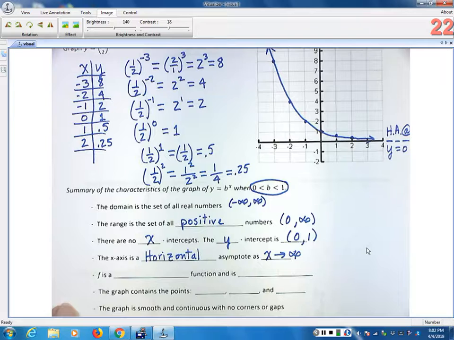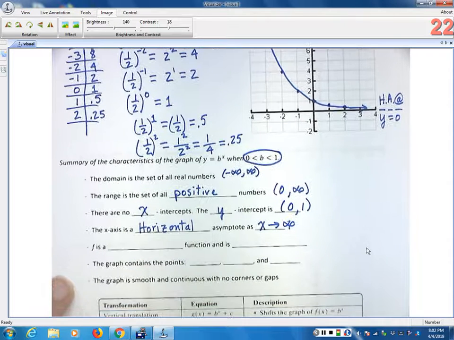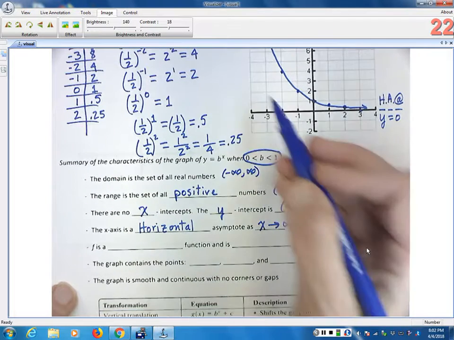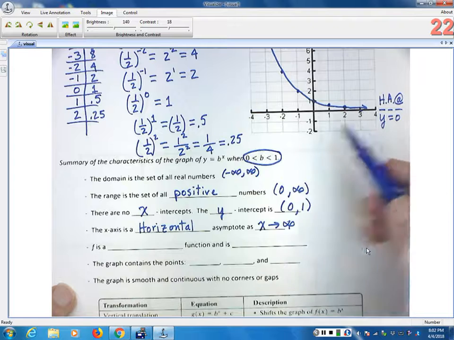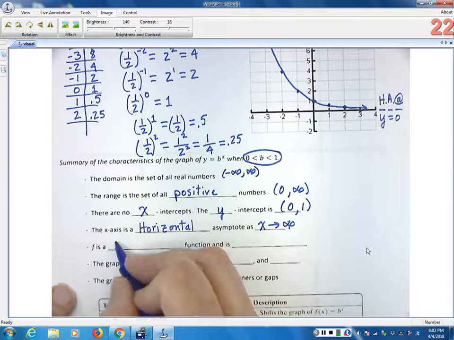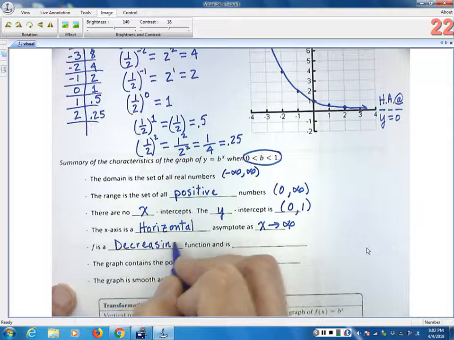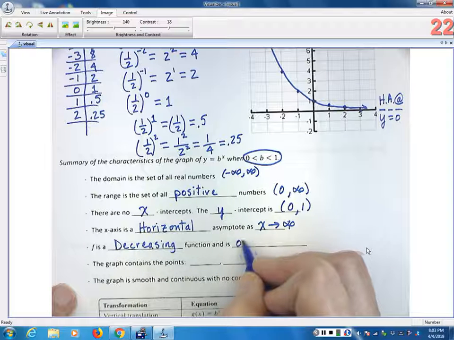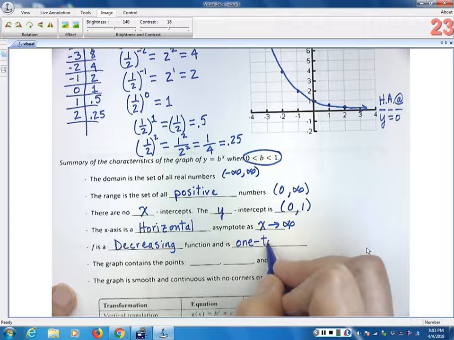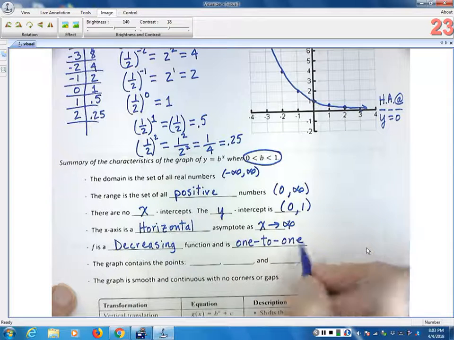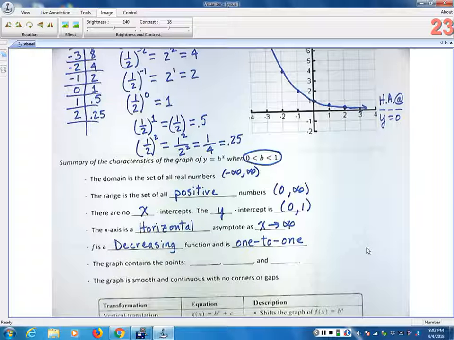Just put infinity. If you look at the graph from left to right, it's falling the whole time, so it's a decreasing function. And it's 1 to 1, meaning it has an inverse. In the next sections, we talk about the inverse.